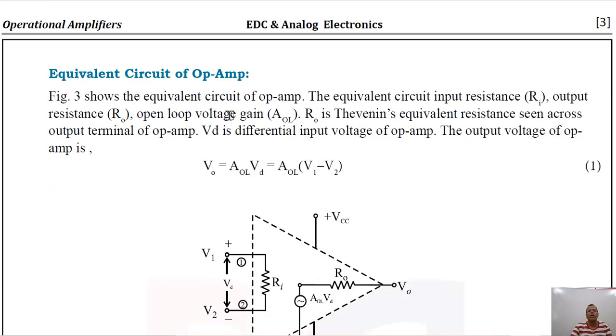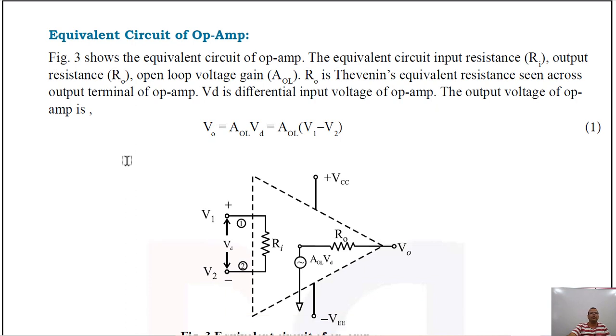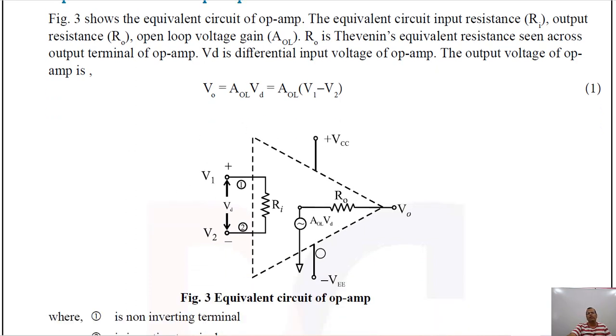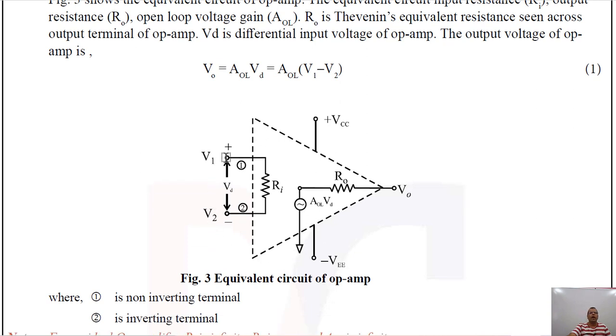Now let us talk about the equivalent circuit of the op-amp. This is the equivalent circuit of the operational amplifier. We have the non-inverting input terminal, the inverting input terminal, the output terminal, and the biasing supply. On the output side, we separate the input and output circuits. Input terminals are shown connected through an internal resistance, that is, the input resistance.